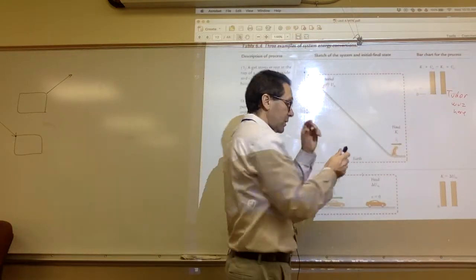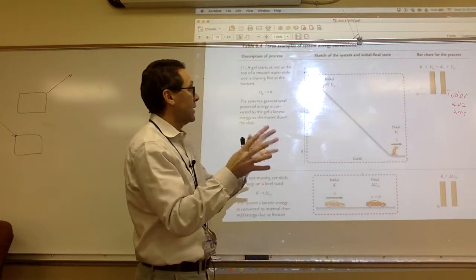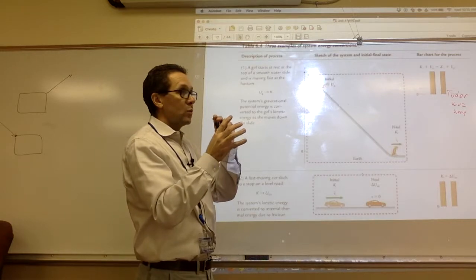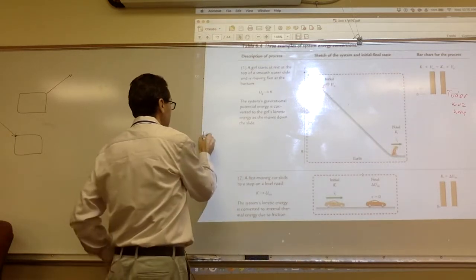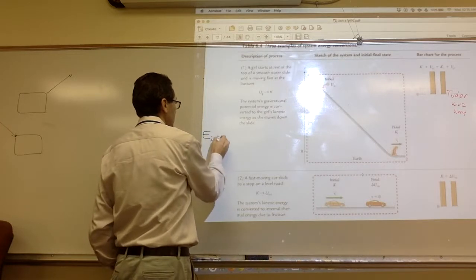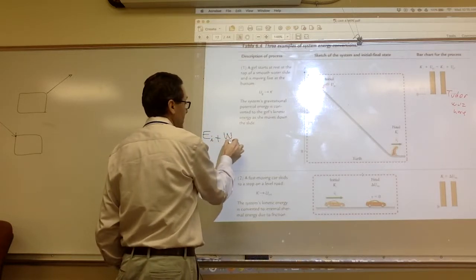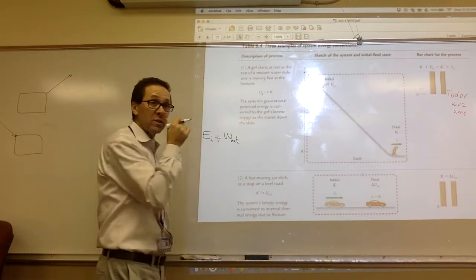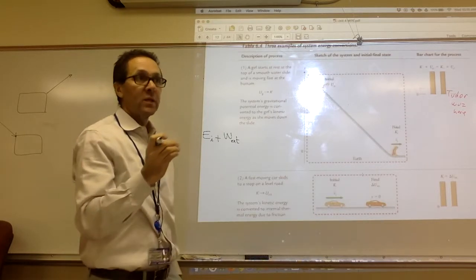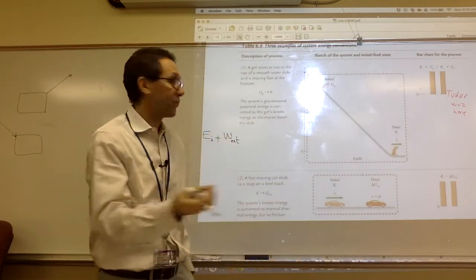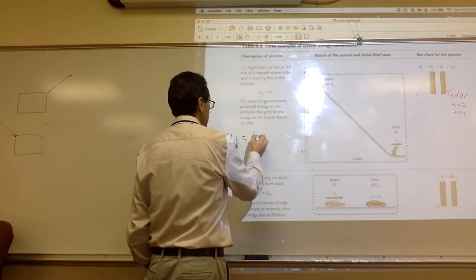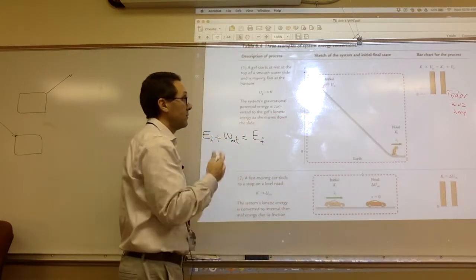Now, the definition of the system will change the way the equation is written. Okay. So this E initial plus work, and this work here is done by external forces outside of the system.